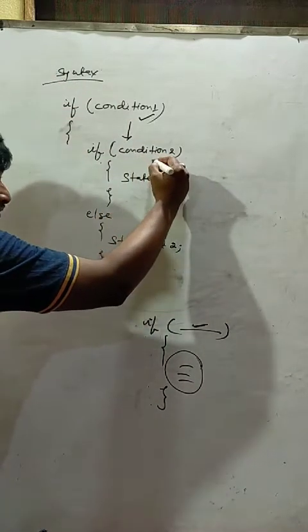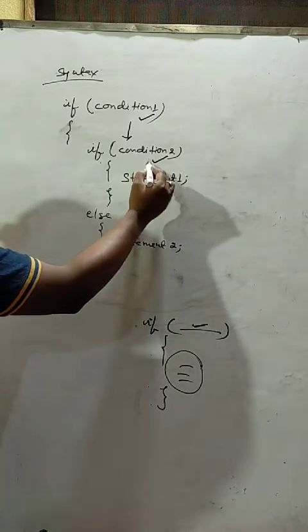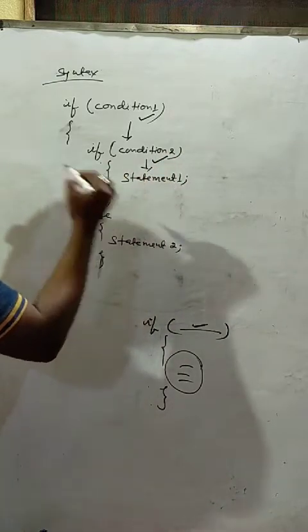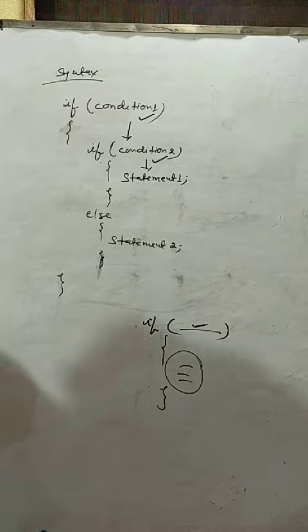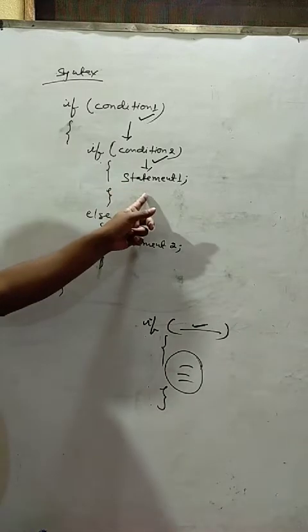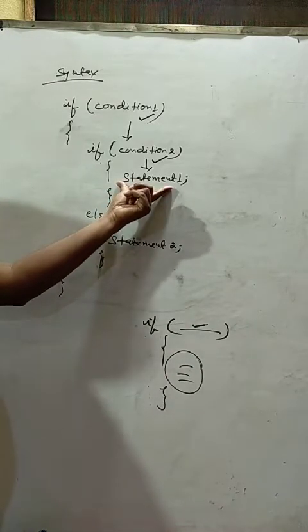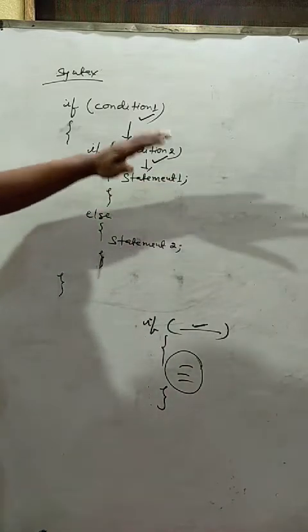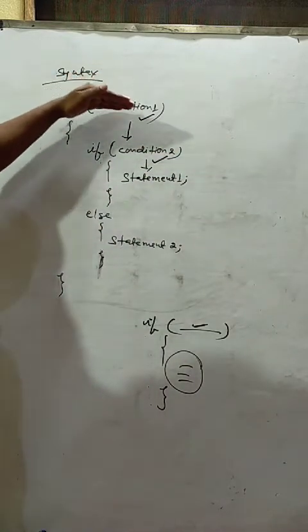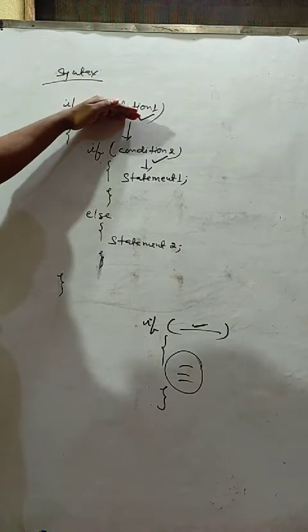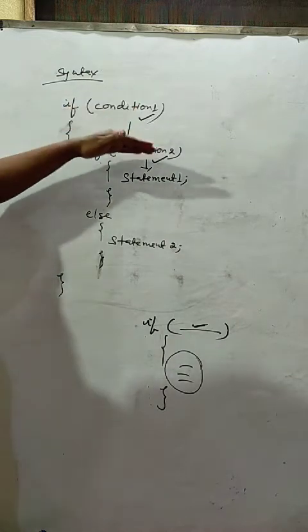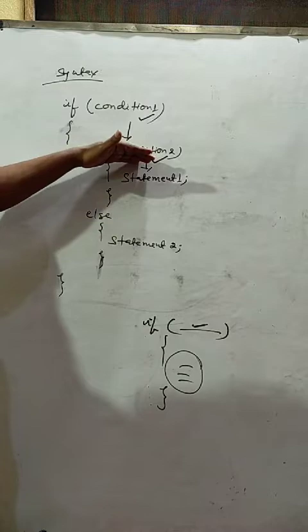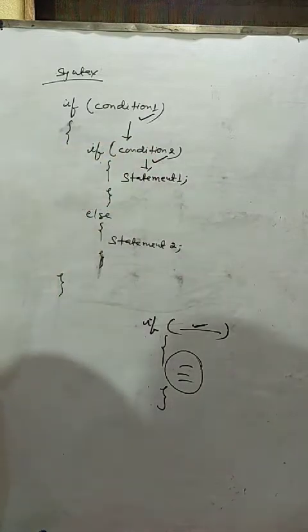When condition 2 evaluates to true, control moves inside this if statement and the first statement will be executed. So to execute statement 1, first condition 1 will be checked; if it is true, then condition 2 will be checked; if it is also true, then the statement will be executed.